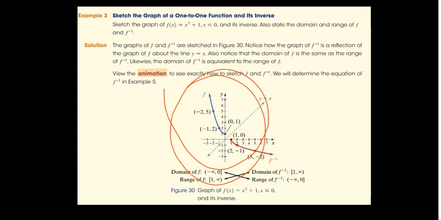This is where being able to visualize our functions really comes into play. If we sketch the graph of x squared plus 1, we know x squared is this parabola, and plus 1 tells me I'm shifting it up 1 unit on the y-axis. The domain is the important part, because it is for x values less than or equal to 0.